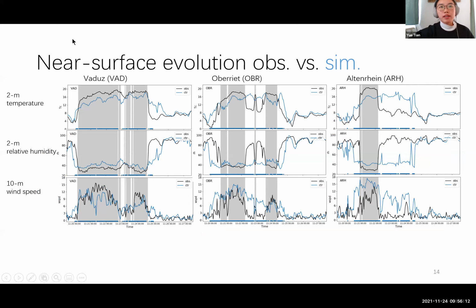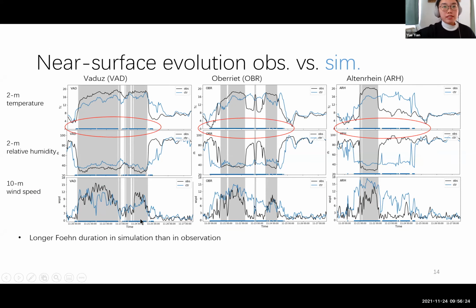And if we look at the stations in the foehn valley, on the southern side of the mountain, I'm showing you three stations. First, you can see there is a longer foehn duration in the simulation, shown by this thick blue bar on the x-axis, than in the observation, shown by this gray box, calculated with the criteria I just showed you.